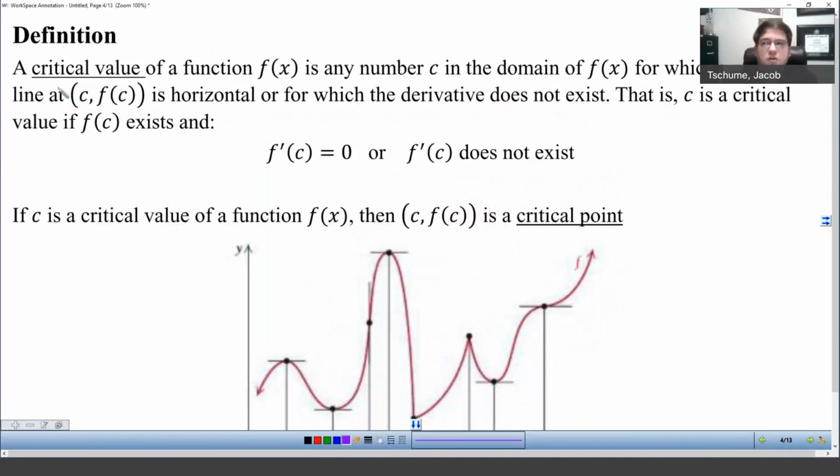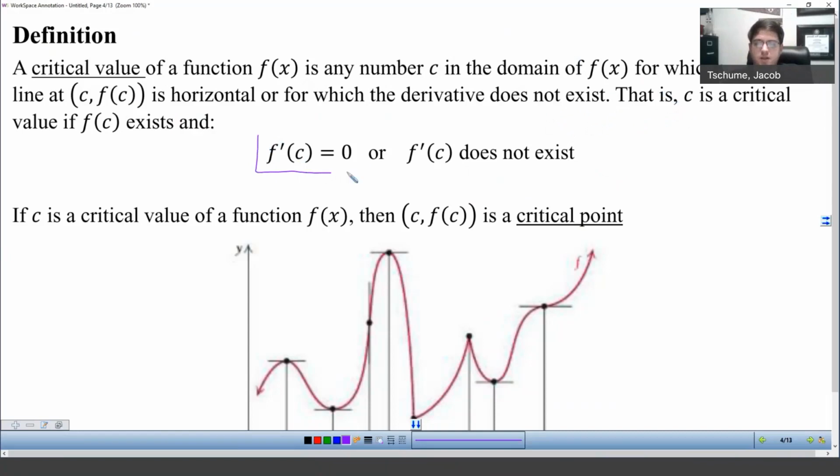So a critical value of a function is any number c in the domain of f of x for which the tangent line is horizontal or for which the derivative does not exist. So that's the official definition. To make it a little bit shorter and sweeter, more to the point, you can find a critical number by doing one of two things.